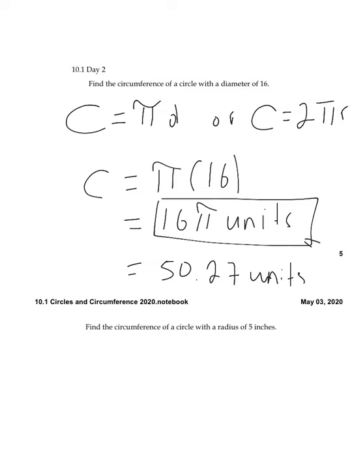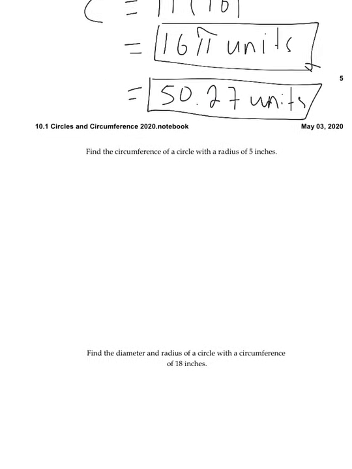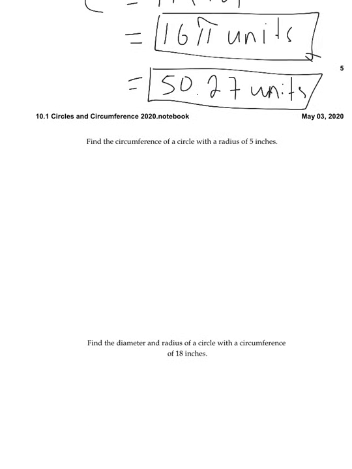I rounded it to 2 decimal places. Sounds good? So take a minute on your own. Please try this example. Find the circumference of a circle with a radius of 5 inches. So pause this video, do it.